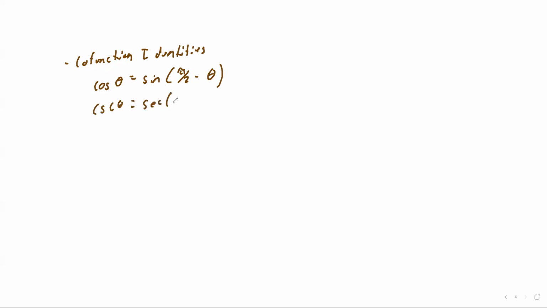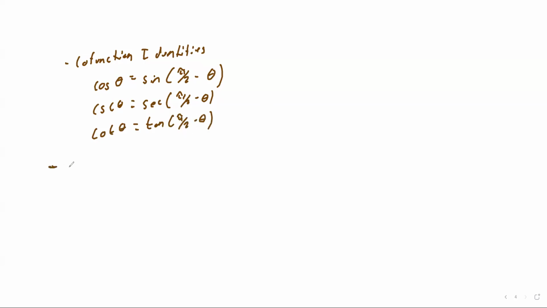And then same concept with cosecant theta. It's going to be secant pi halves minus theta. So if you're trying to look for cosecant of an answer, you could do secant pi halves minus that answer and get the exact same conclusion. We also have cotangent of theta, and that would be equal to tangent of pi halves minus theta.